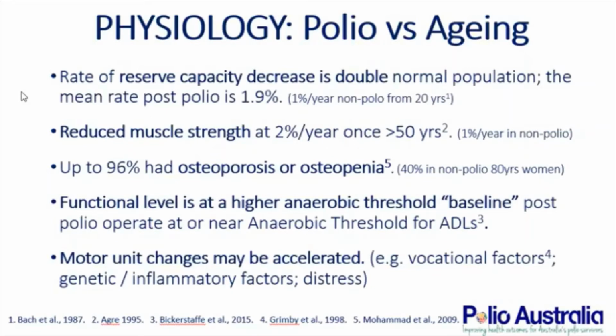So if you've ever participated in track and field, and you know that the 400-meter race, it basically pushes you to the threshold, sustained sprint that puts you into that lactate zone. Imagine that just doing your usual ADLs puts your body near that zone, and you go into debt there.